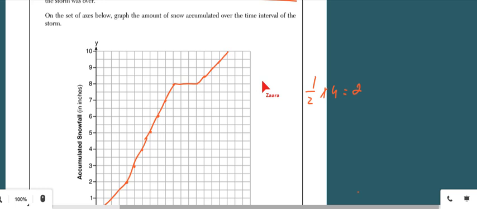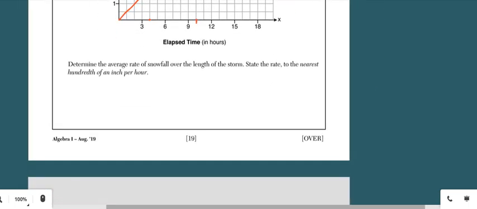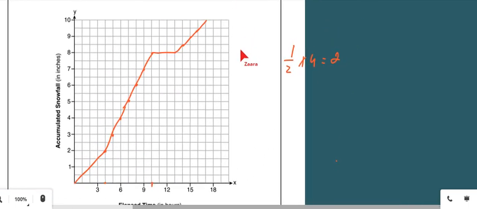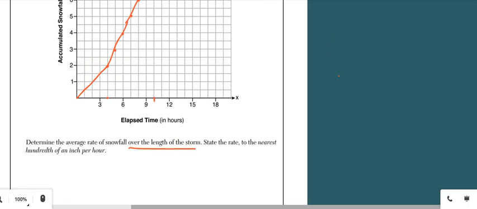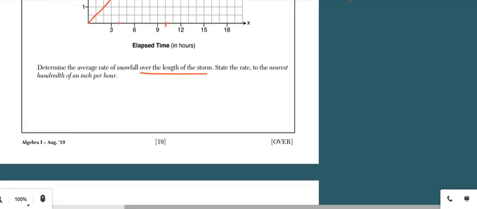Okay. Look at the next question. Determine the average rate of snowfall over the length of the storm. The storm was for how many hours in total? It was for 17 hours, and the total accumulated snowfall was 10 inches.